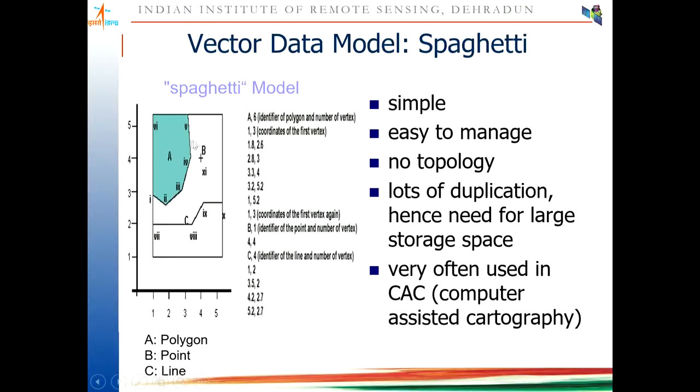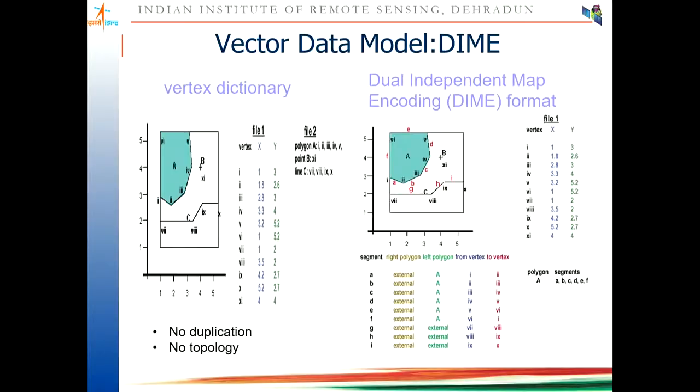So if you want to represent both polygons, all these shared coordinates and lines have to be repeated. That's why there will be a lot of duplications. These are basically the demerits, and earlier it used to be part of CAD based systems.